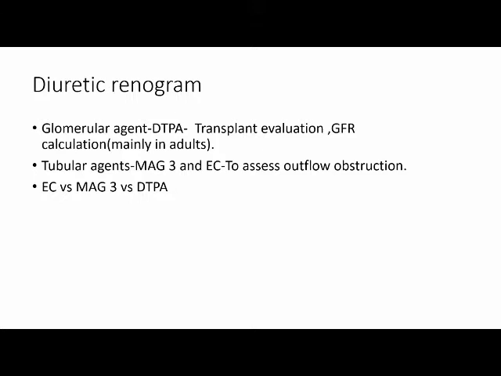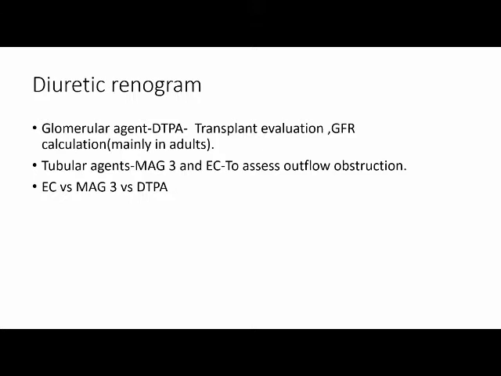The tubular agents we use for a diuretic renogram are MAG3 and EC. In our setup, EC is the widely available tubular agent, and they are used to assess outflow obstruction. Which agent is ideal, EC versus MAG3 versus DTPA? Presently DTPA is outdated, and the agents used are EC and MAG3.